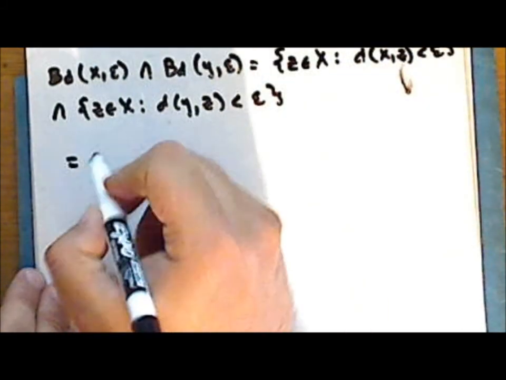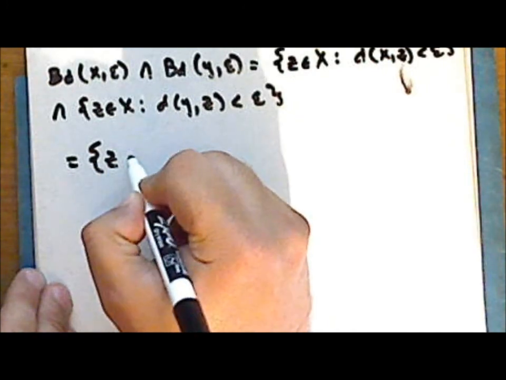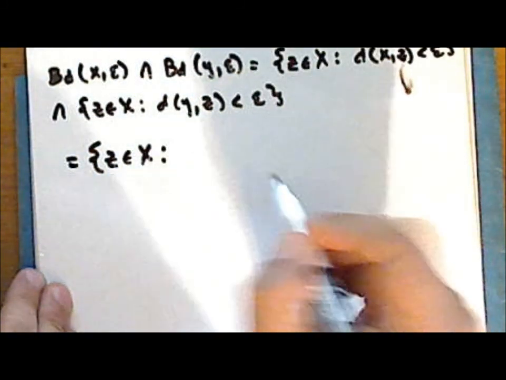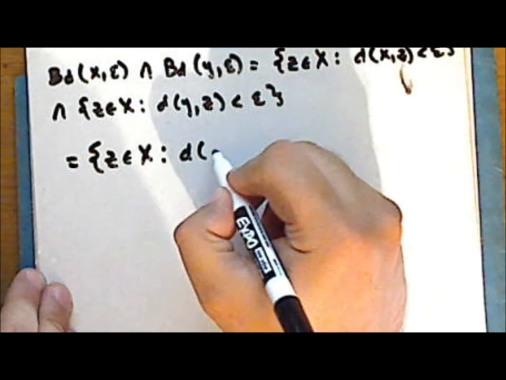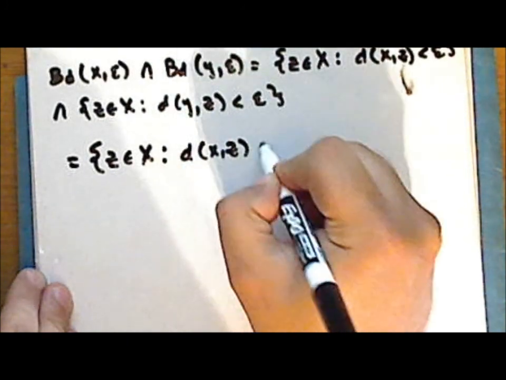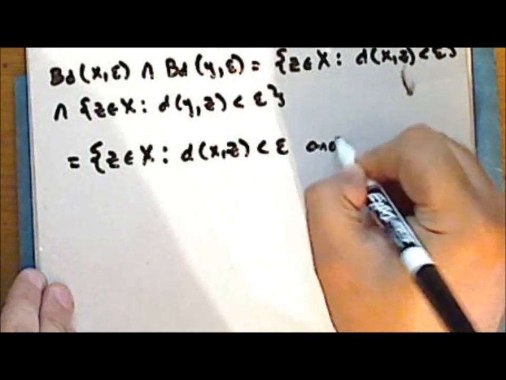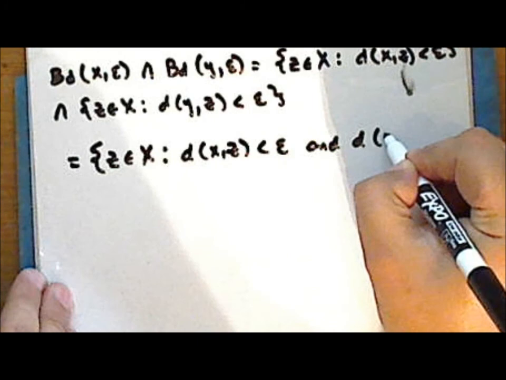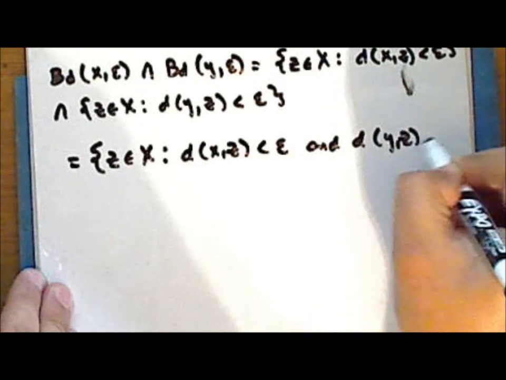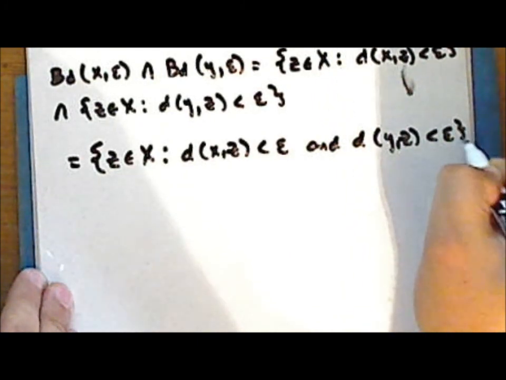And so this is the set of all points z in the set X such that the distance from x to z is less than epsilon, and the distance from y to z is less than epsilon.